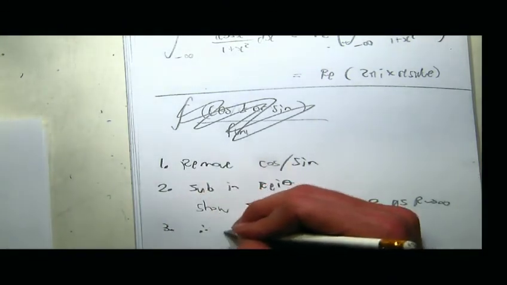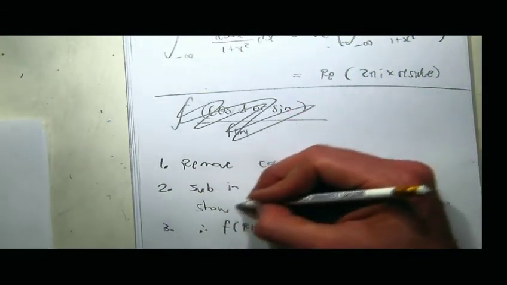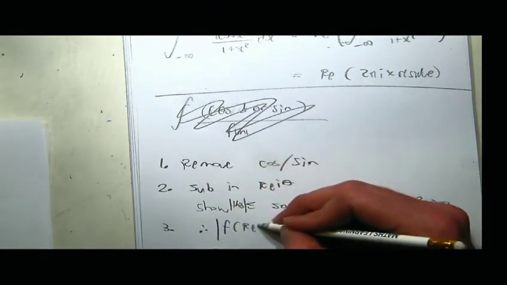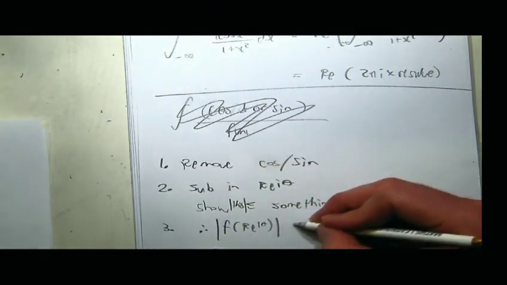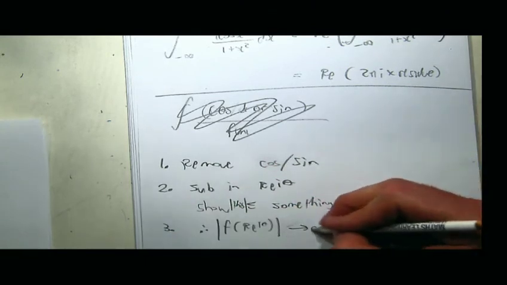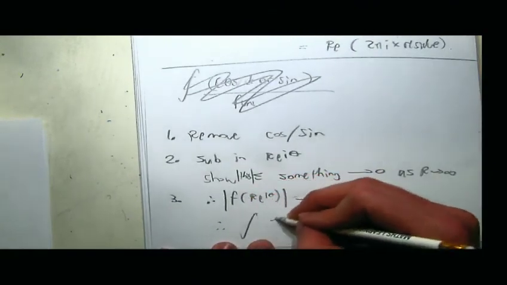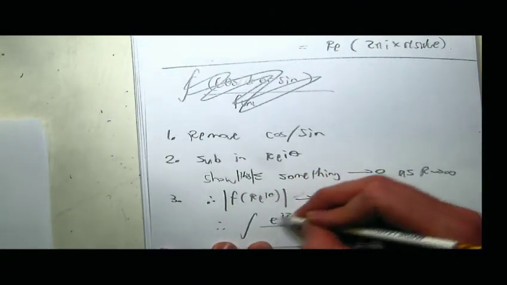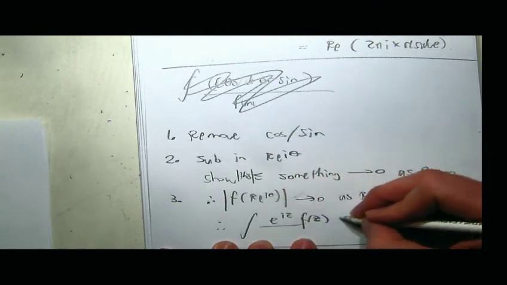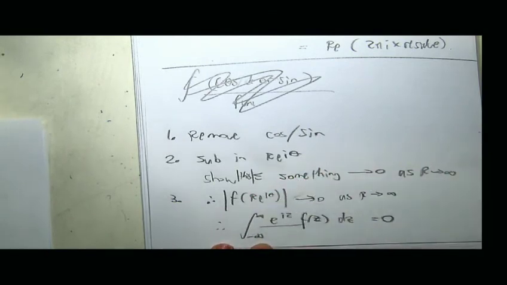And then that would mean you'll be able to say, therefore, f of r e to the i theta, the length of this, goes to 0 as r goes to infinity, and therefore the integral of e to the i z f of z from minus infinity to infinity is 0.